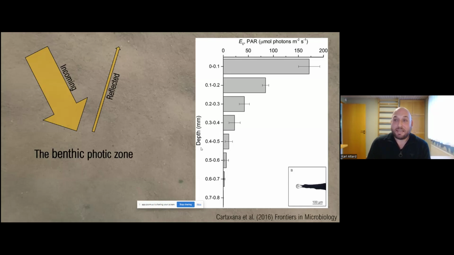And light that reaches the seafloor is very rapidly attenuated in the surface sediments. So the photic zone is only about 1 millimeter thick. And the benthic algae, benthic microalgae, are experts at taking advantage of this niche.